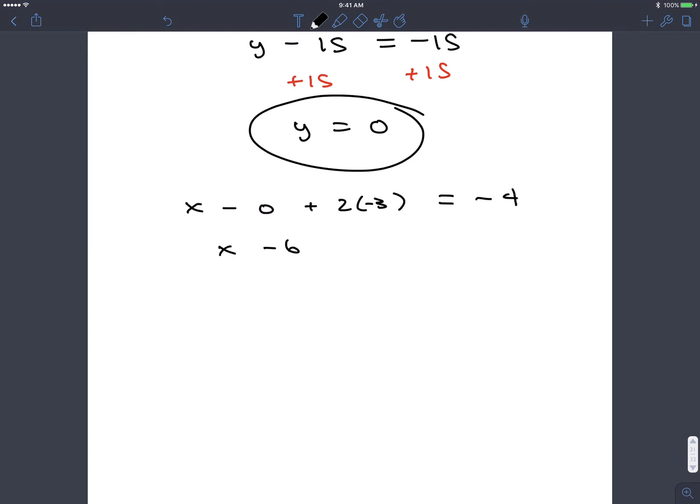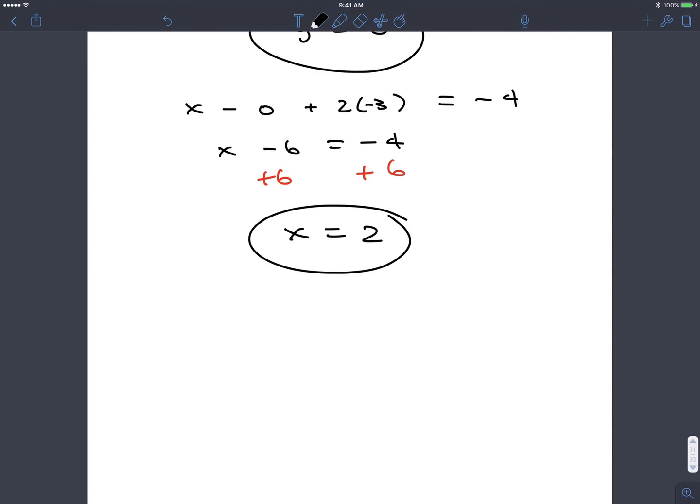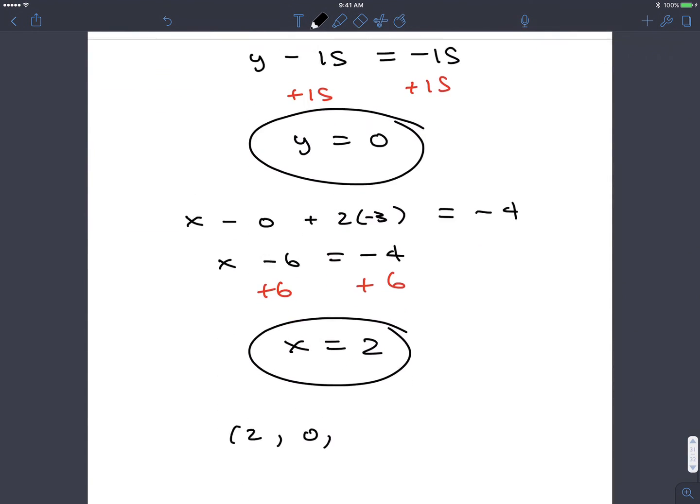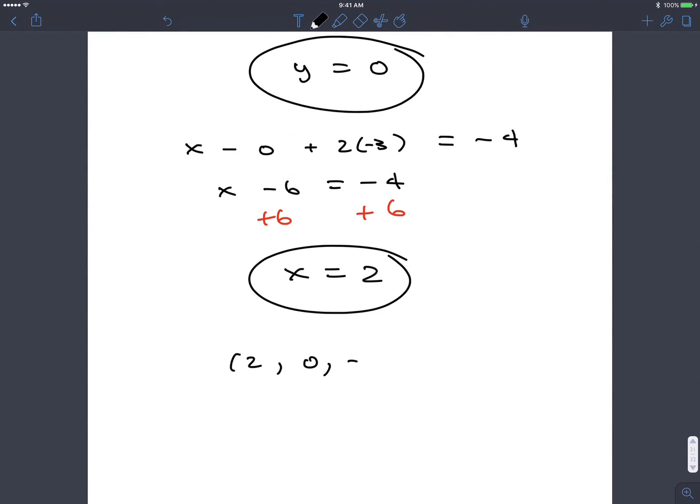X minus 6 is negative 4. We're going to add our 6 to both sides, and we end up with x being positive 2. So we have 2, 0, negative 3, as the solution here for our 3 equations and 3 unknowns.